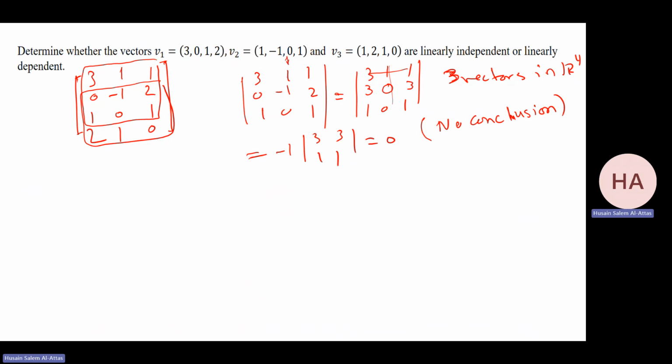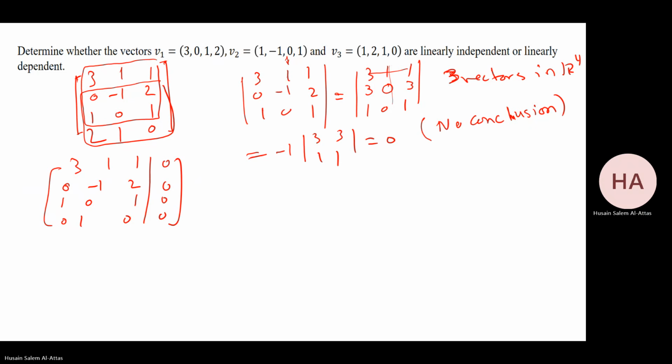So what I will do, solve it. We solve for the C's. Let me do it our way, quickly. I have 3, 1, 1, 0, -1, 2, 1, 0, 1, 0, 1, 0. I'm solving the system with 0, 0, 0, 0.